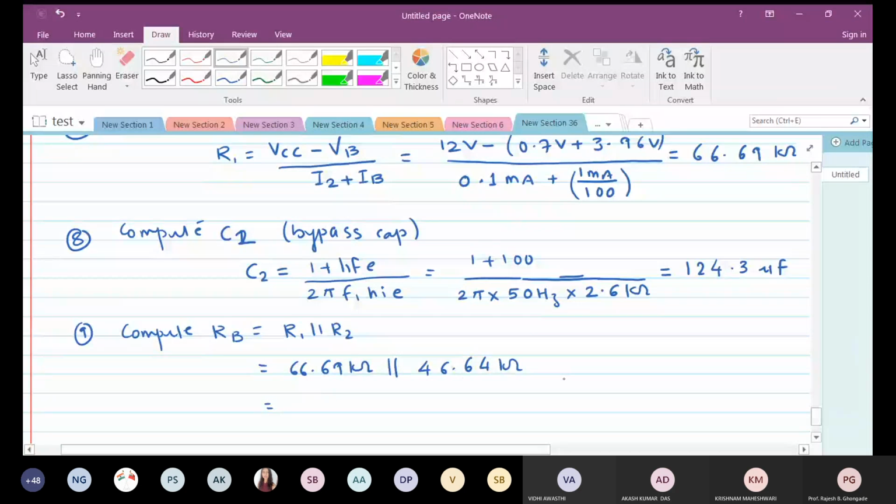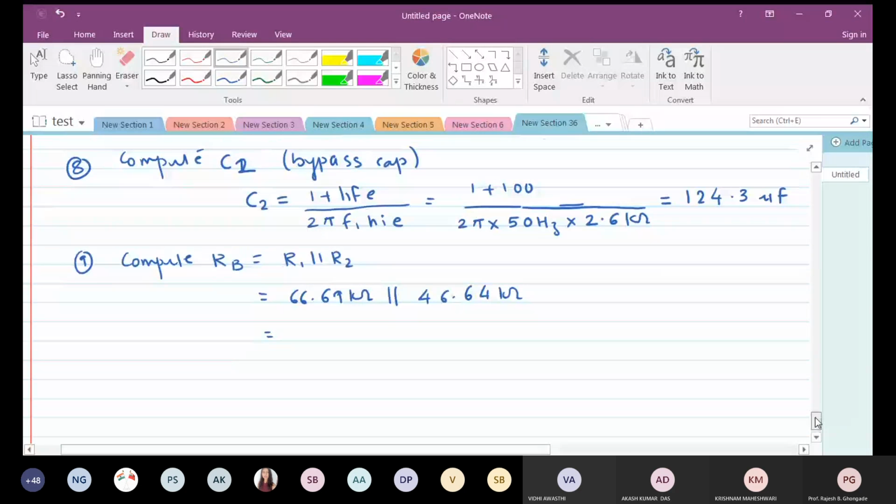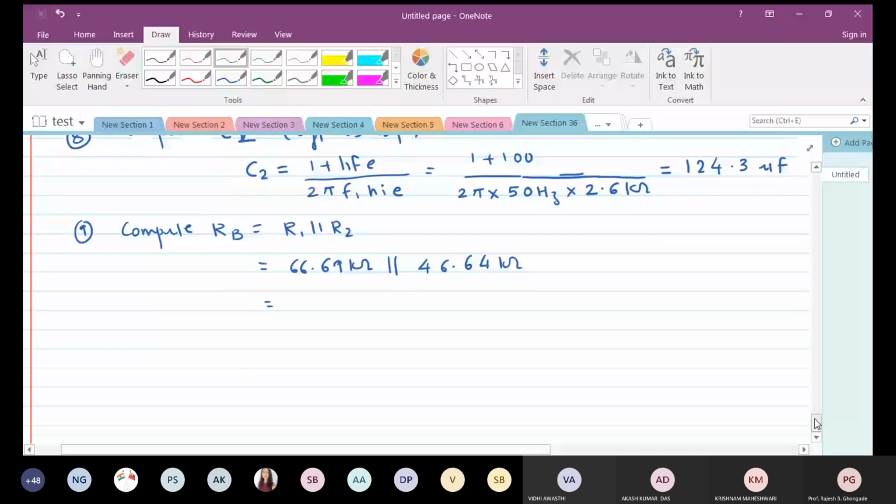Find out this combination. Remember, both are in kilo ohms, so your result will also be in kilo ohms. Both are nearly same. So whenever resistors are same, the effective value in parallel is half of that particular resistor. So nearly half of this you should get. These are the rough checks whether your calculation is in the right direction or not.